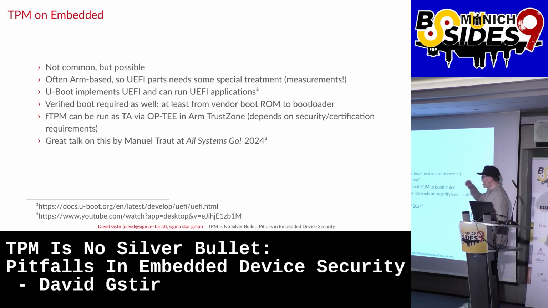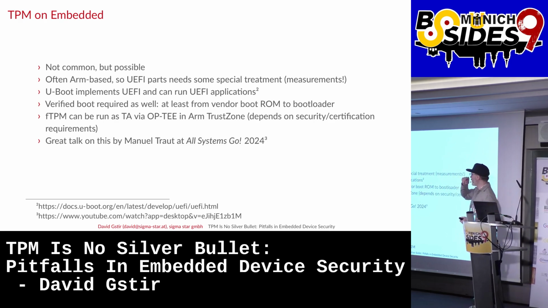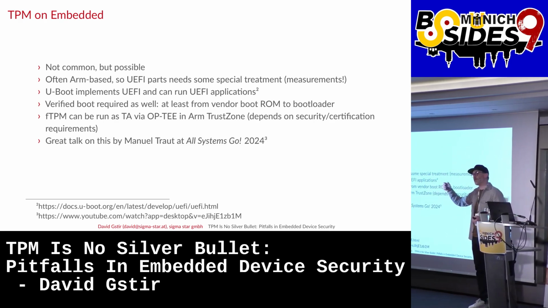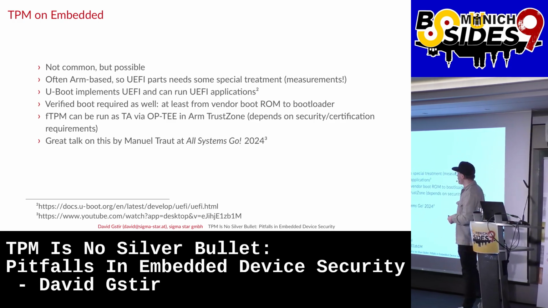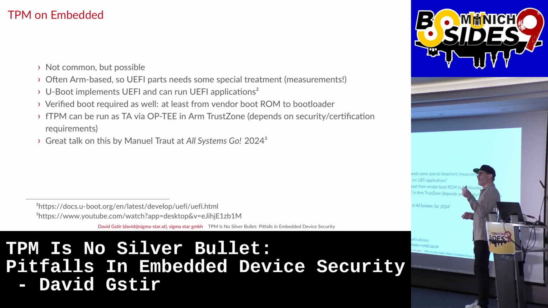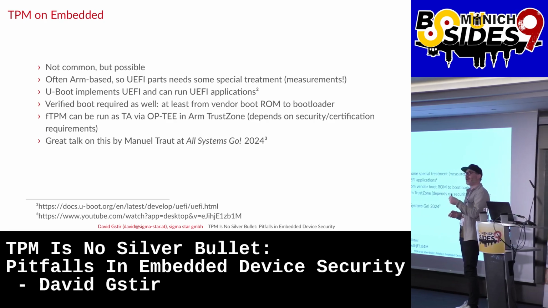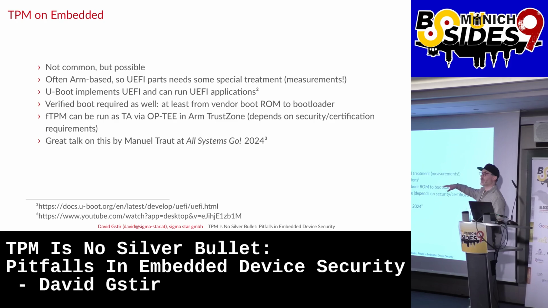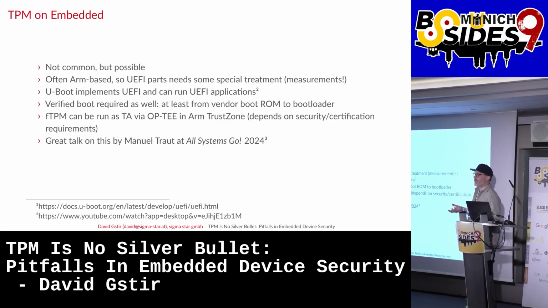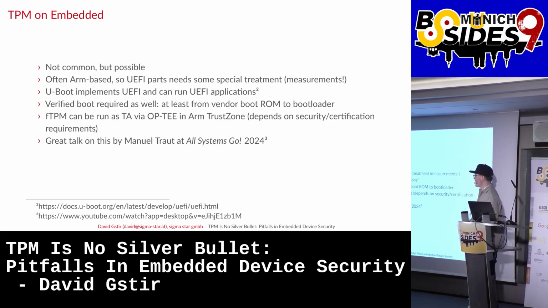On embedded devices, we usually have U-Boot as a bootloader, which actually implements UEFI, so it can act as UEFI itself. So you just have to sign the U-Boot and then verify the signature using vendor-specific tools. But then you can start the whole measured boot chain like you do on a regular Intel-based PC.